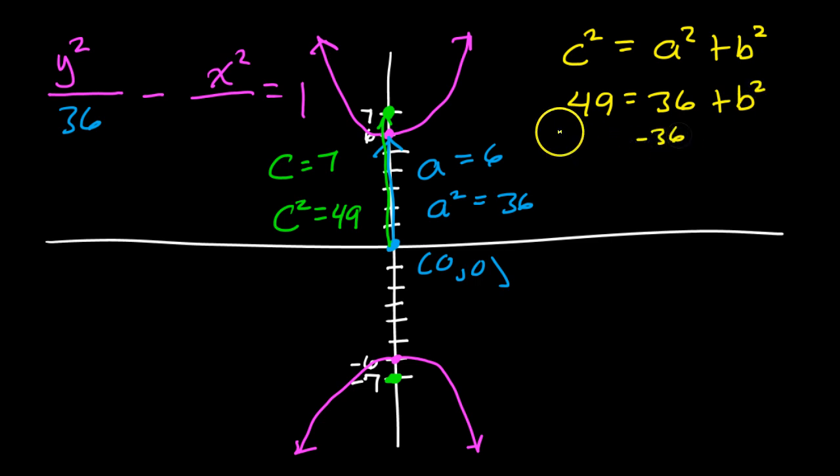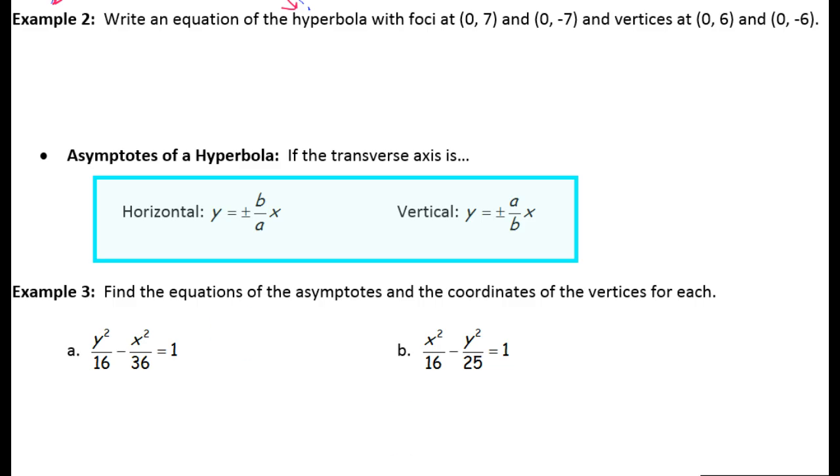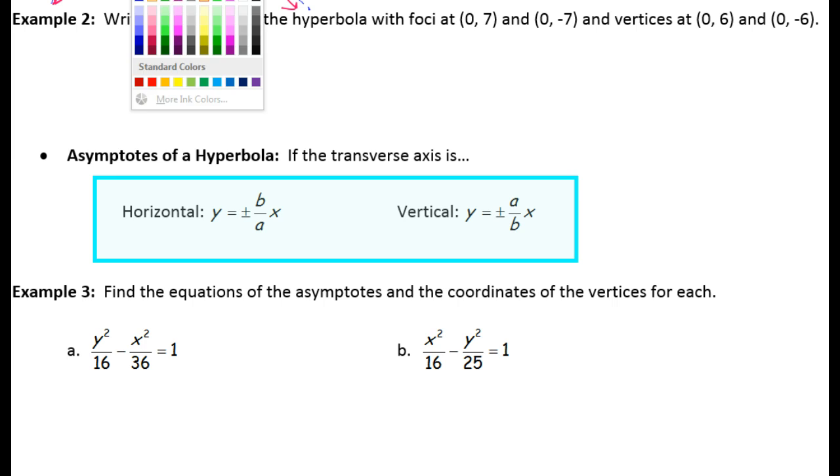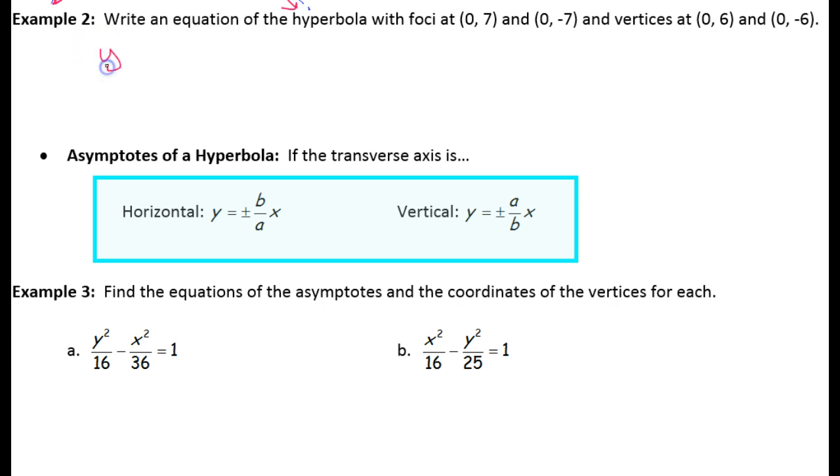Now, subtracting 36 from both sides, we see that b squared is 13. We don't need to take the square root because we actually want b squared. So we'll just go ahead and put the 13. So this will be the equation. So what was that again? We had y squared over 36 minus x squared over 13 equals 1.